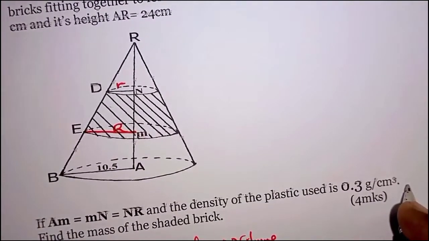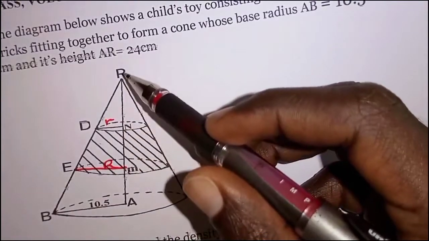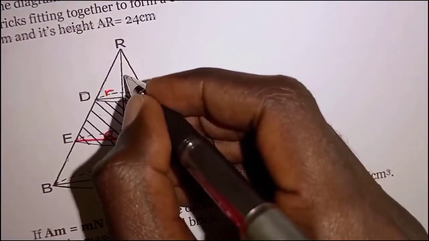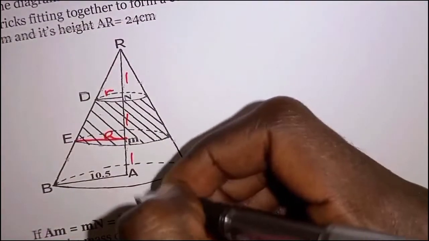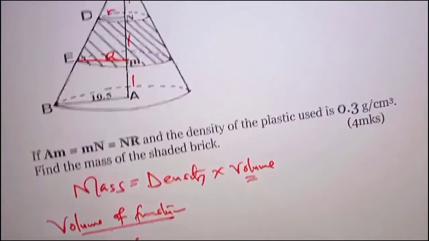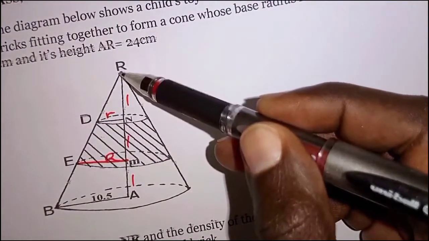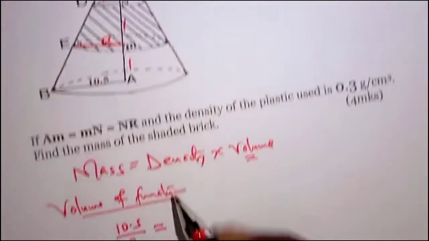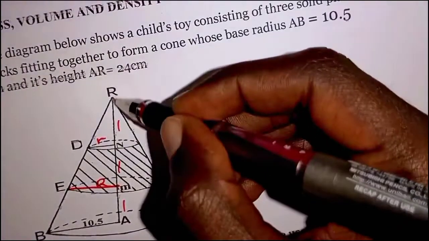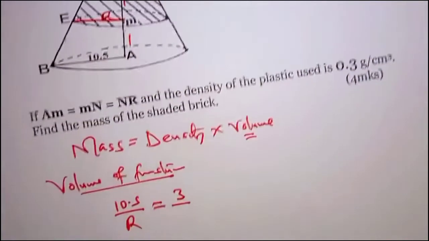So we're told that these lengths AM, MN, and NR are all equal. So they are in equal parts. So we can just label them 1, 1, 1. So they are in the ratio 1 to 1 to 1. So we will have the whole of this length RA represented by 3 parts, so that we have 3 over the height of this other cone. It is in 2 parts, so we'll have to divide by 2.